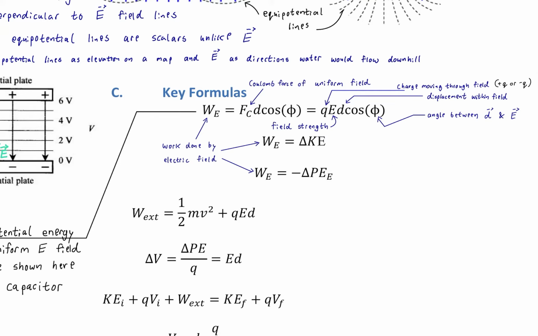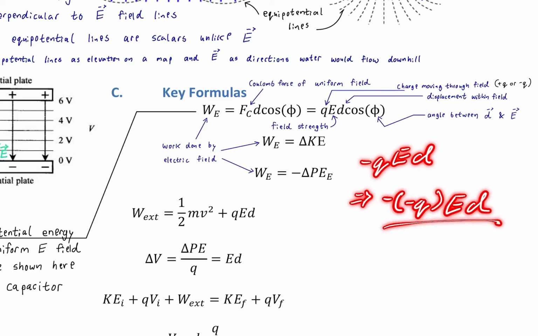And then let me call attention to the important difference that we would never have seen with gravity: since Q can be either positive or negative, that means that negative QEd can become positive QEd if the charge moving is negative like an electron, because the negatives would cancel out.